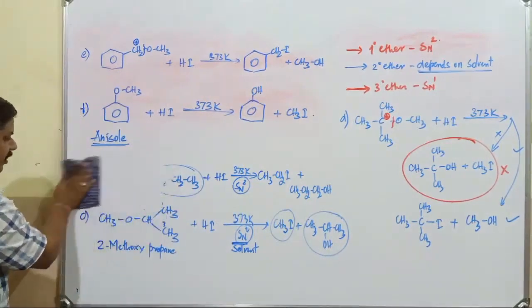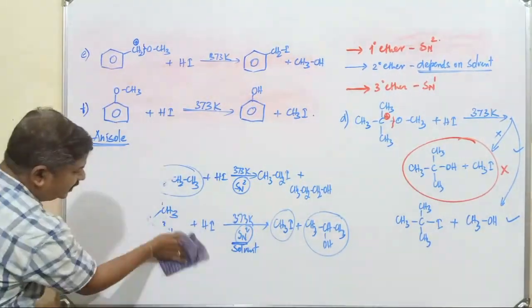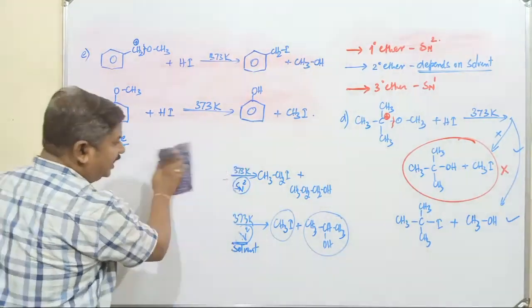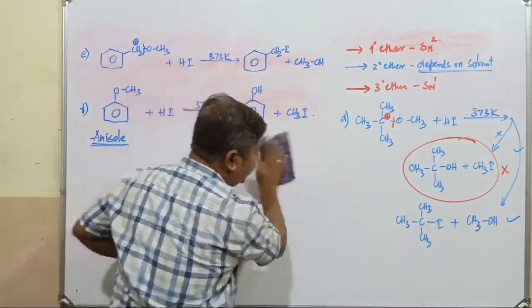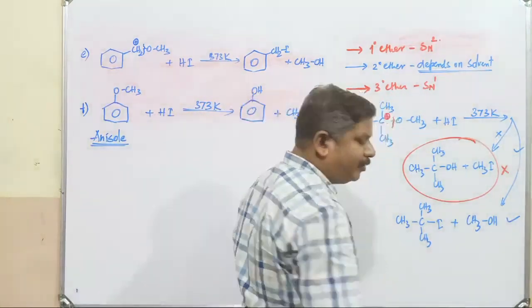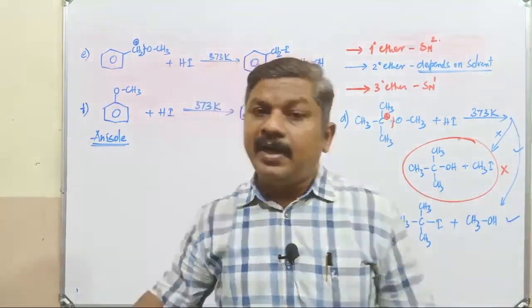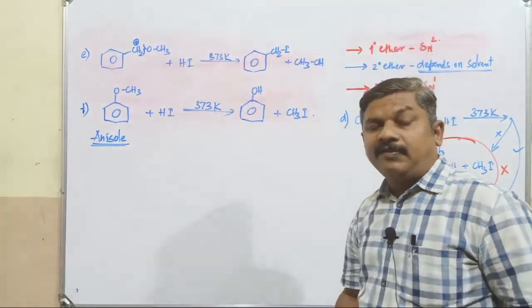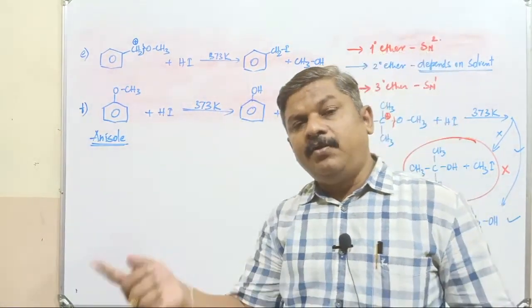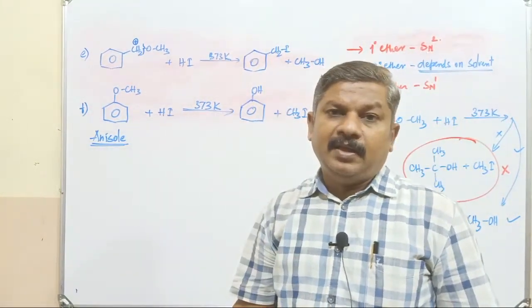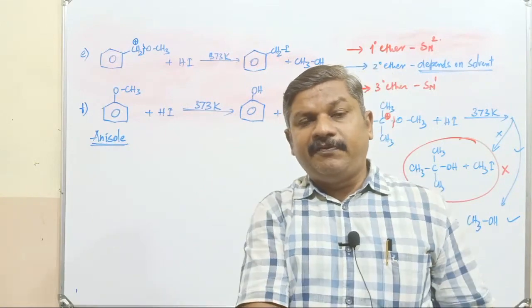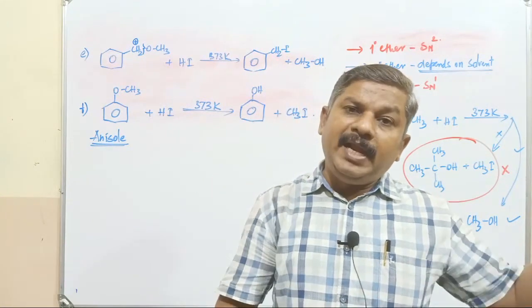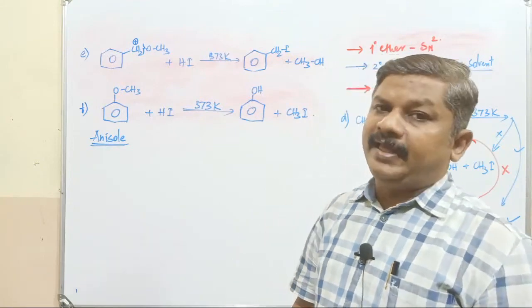This applies to symmetrical ethers and unsymmetrical ethers, with a limited amount of HI or an excess amount of HI. Sometimes they may express it as cold and dilute HI and hot and concentrated HI. In cold and dilute HI, alcohol plus alkyl iodide forms. In hot and concentrated HI, the excess of HI we have used, complete formation of alkyl iodide takes place.